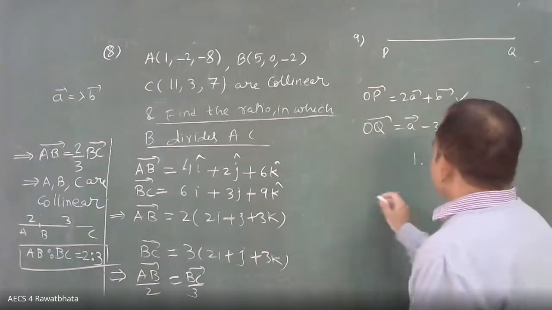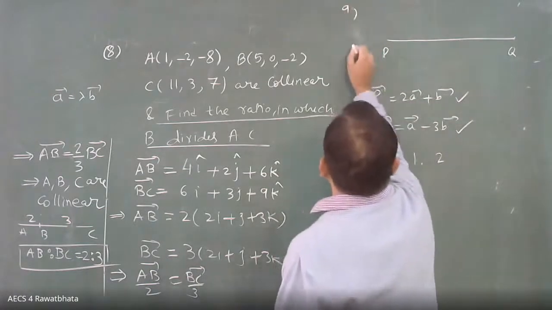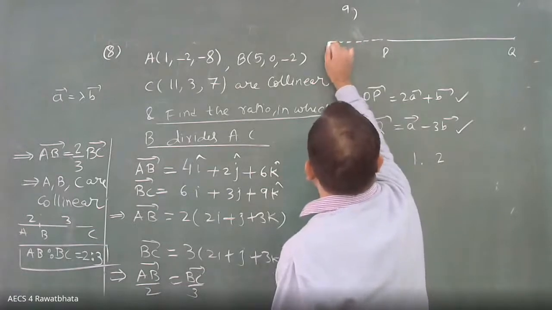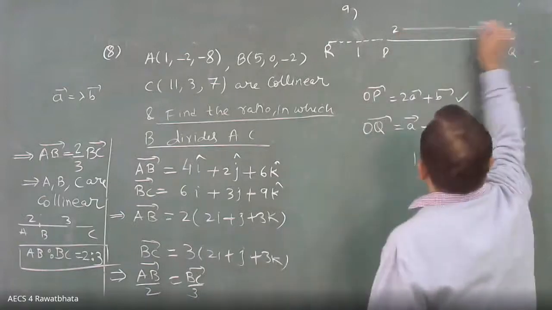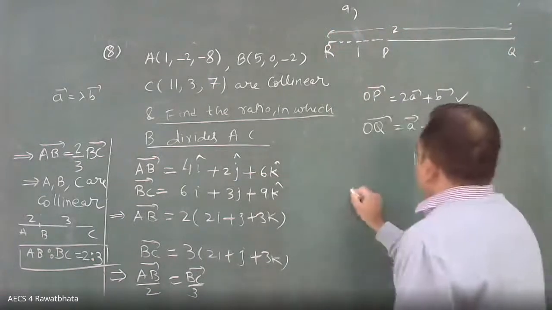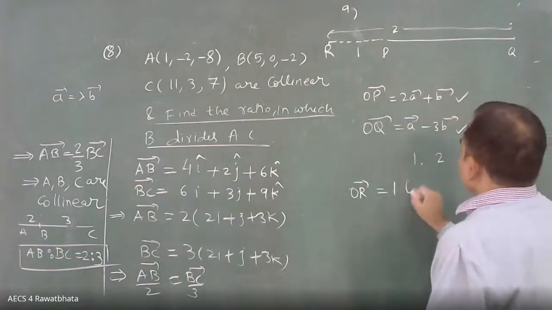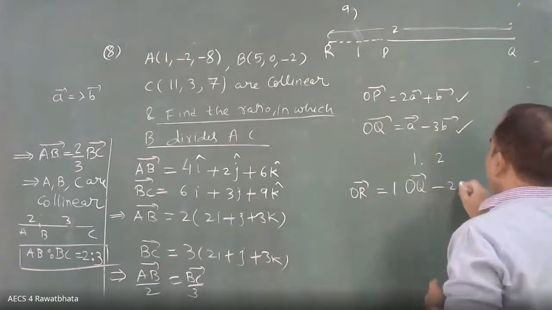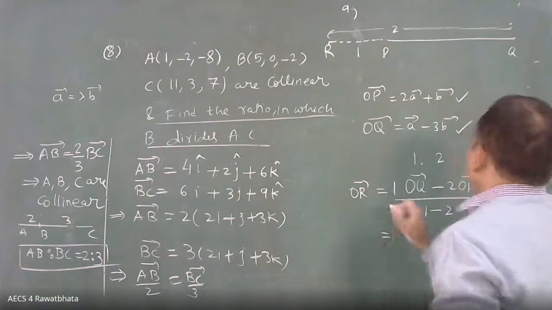Now I have to find the position vector of a point R which divides externally. Means this is somewhere R, and this is 1 and this is 2 units. So externally means 1 OQ minus 2 OP, whole divided by 1 minus 2.